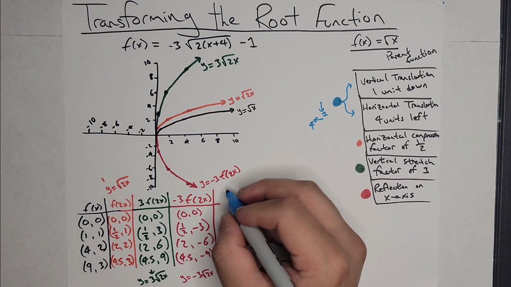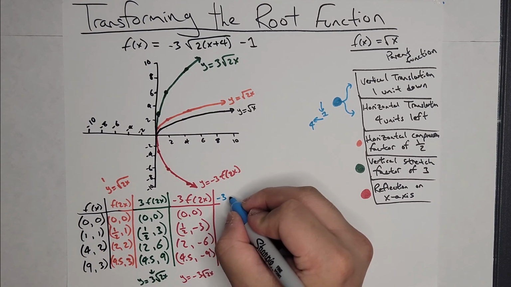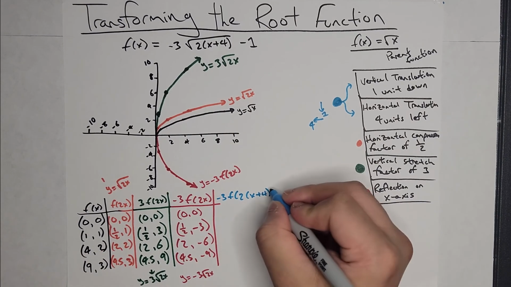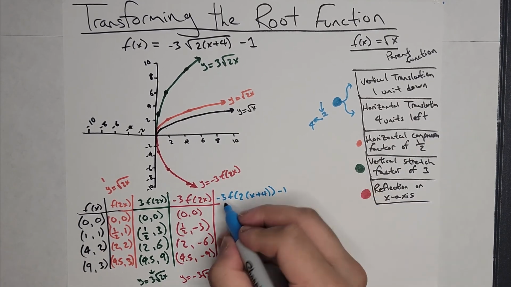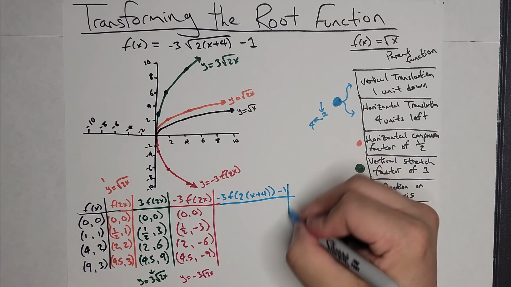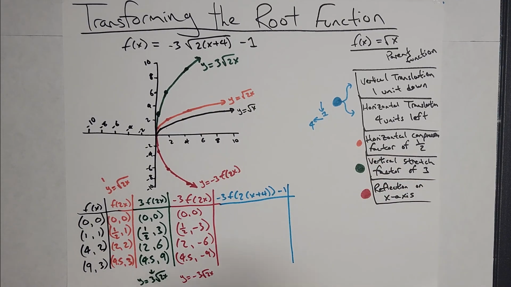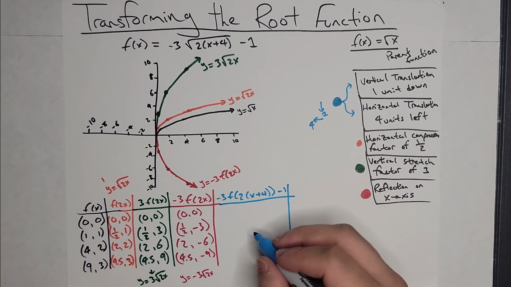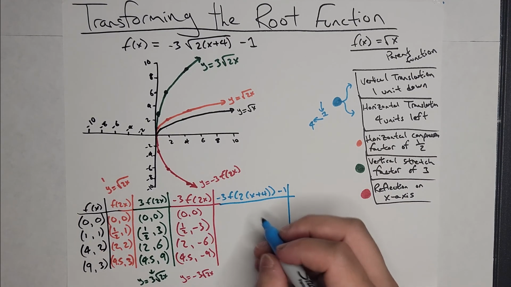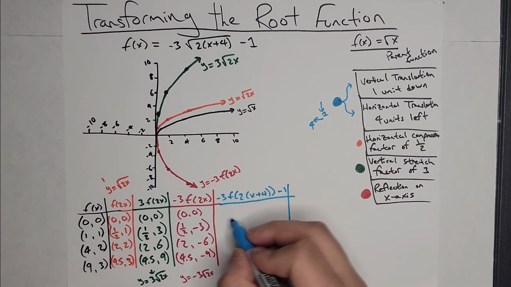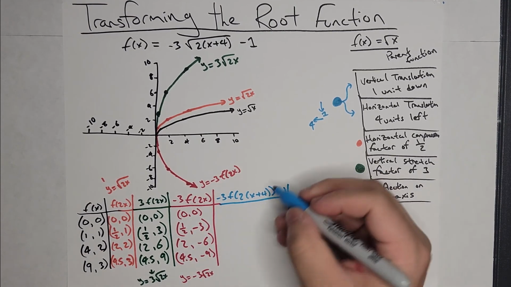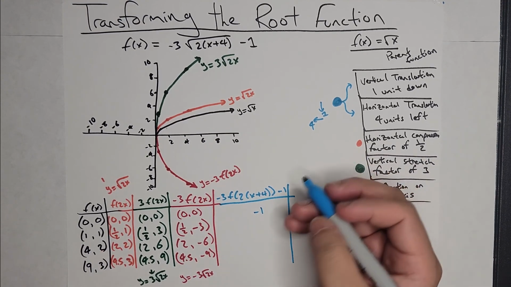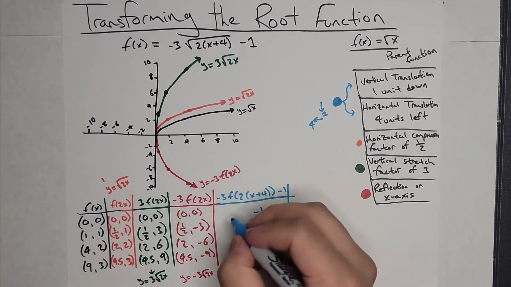So this will now be -3. So we're going to have something like this. So our origin is now going down 1. So our y value is being decremented by 1. And then our x value is being shifted over left. So -4.